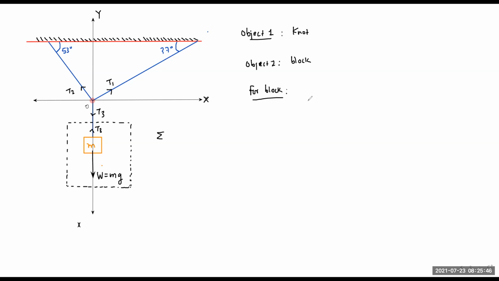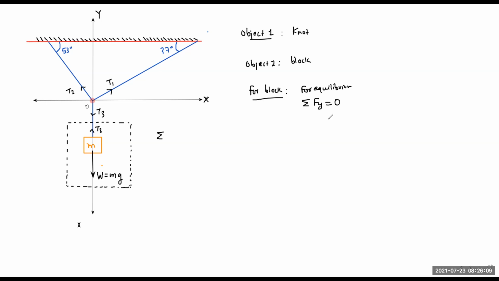Can you see the force directions? All forces are acting vertically. So for equilibrium, the net force in the y direction must be zero.